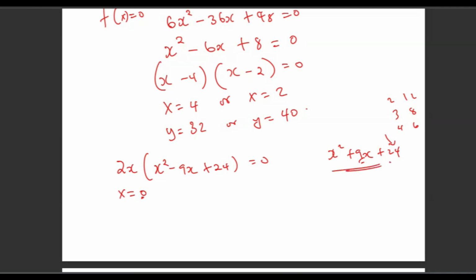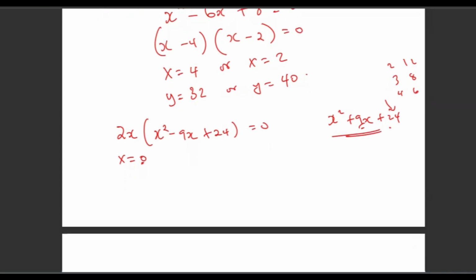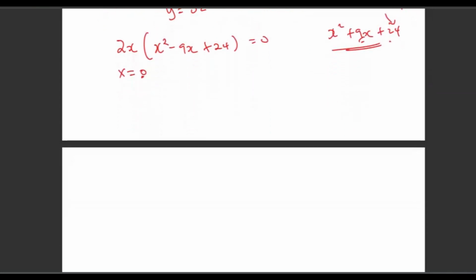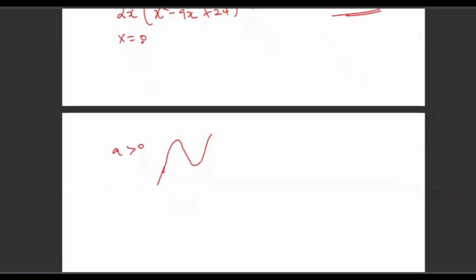Okay, perfect. If there are no factors, let's look at the shape. Since a is greater than 0, it's going to be a frown and then a smile. Okay, so if I have my y, then I have this as my x.